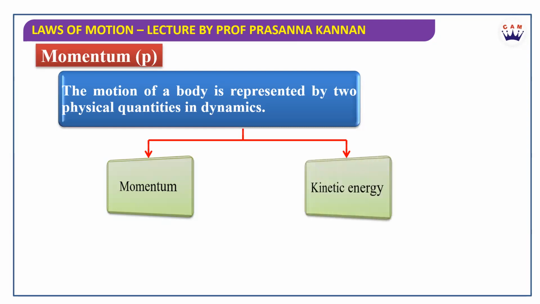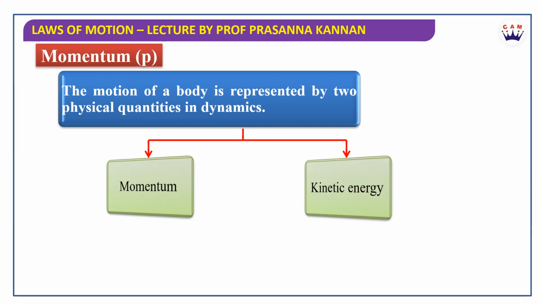Motion of a body is primarily represented by two quantities in mechanics. What are they? Momentum and kinetic energy. I'm sure you know the expression for both of them. What is momentum, guys? Mass into velocity. What is kinetic energy? Half mv squared, where m is mass and v is velocity.